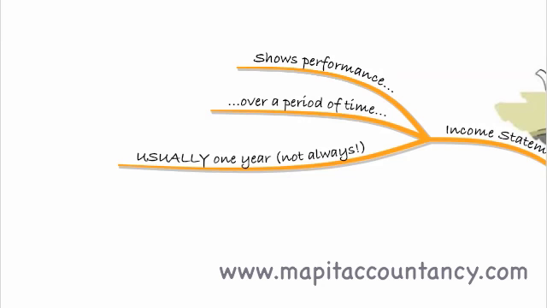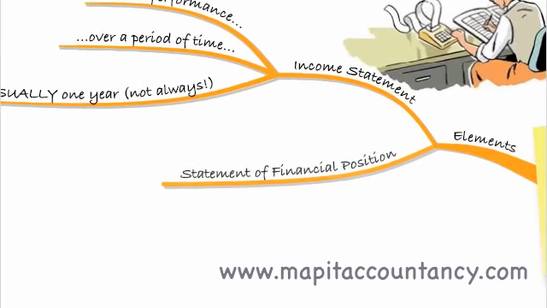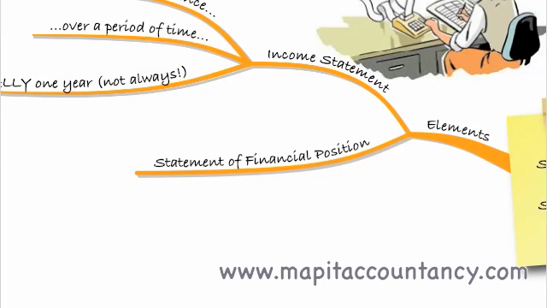So it shows the sales in the year, it shows the costs, and ultimately shows the profit over that period of time. So think of the income statement as an analysis of performance over a period of time, as opposed to the statement of financial position, or balance sheet as this used to be called.